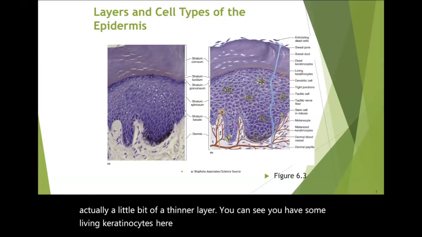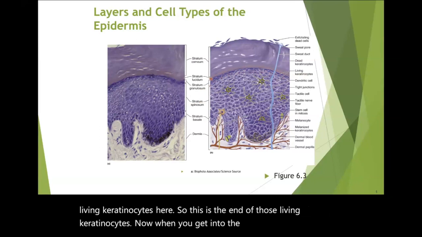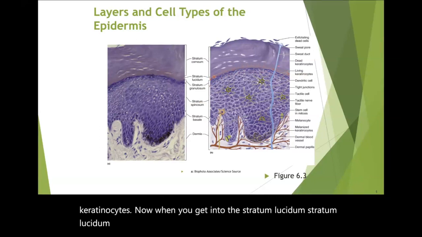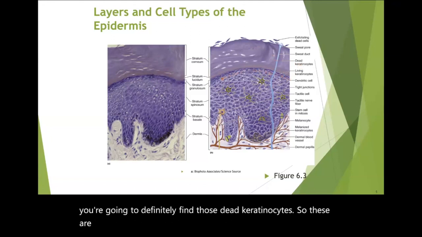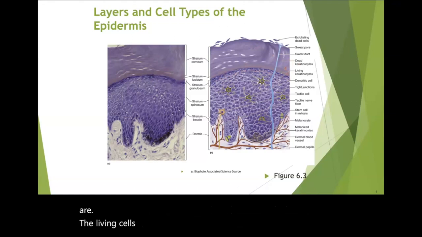So this is the end of those living keratinocytes. Now, the stratum lucidum is going to be the layer on top, and the corneum is where you're going to definitely find those dead keratinocytes. So these are the living cells, and then these are going to be the dead cells, okay?